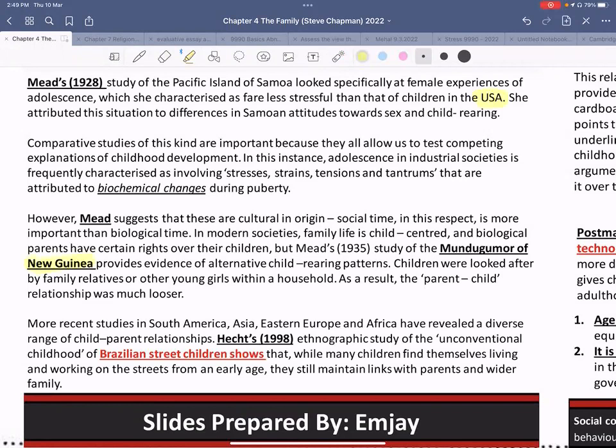The influence of biology, beta. So variations होंगी. Yes, so within a society भी variations होती हैं.